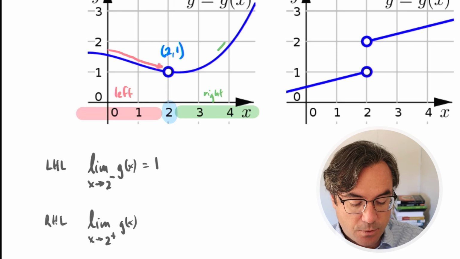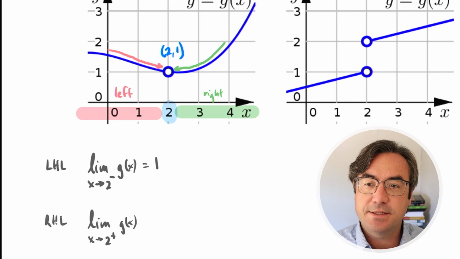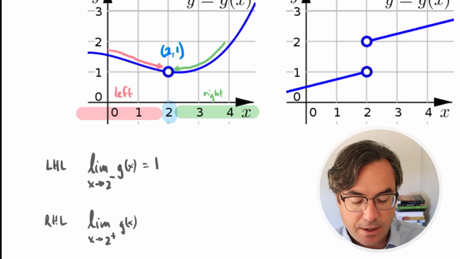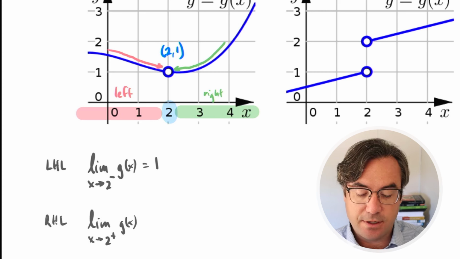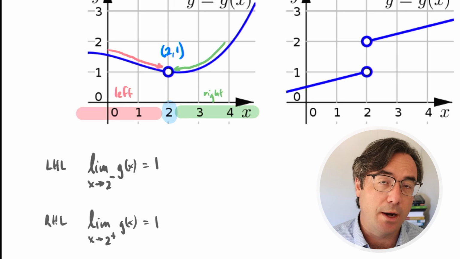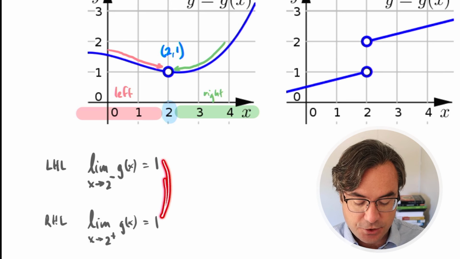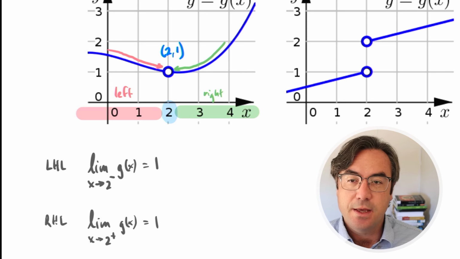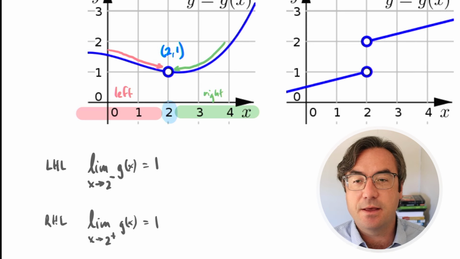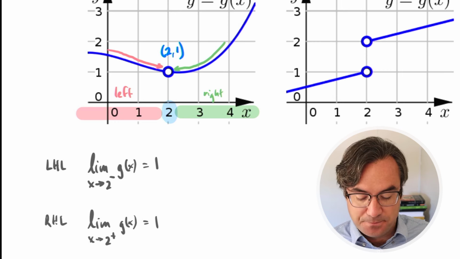It looks like we're getting closer to that same point. On the right-hand side, our x-coordinate is getting closer to the number 2, and the y-coordinate is getting closer to the number 1. So we say that the right-hand limit equals 1. Because these two values are the same, we're headed to the same point on either side.